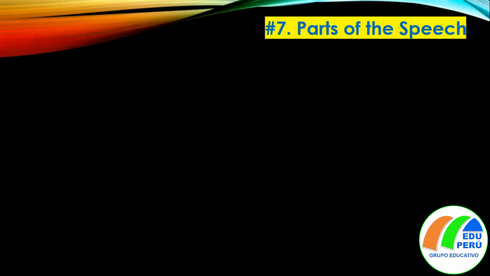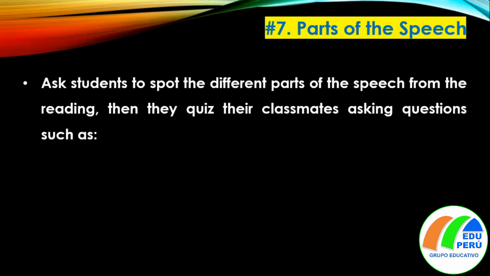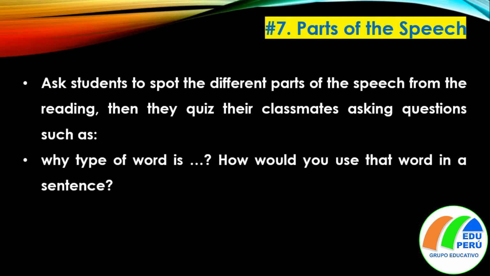So we're going to use this knowledge to expand. Notice, this is the purpose. You can ask your students to spot the different parts of speech from the reading, and then they quiz their classmates. Notice, not you, they interact like a contest again. Then they quiz their classmates, asking questions such as, what type of word is this?